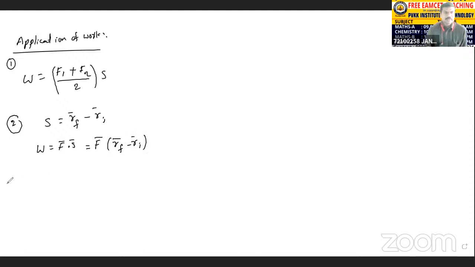Okay. Next, third application. Suppose this is a simple pendulum. This is the mean position of the simple pendulum, and this is the extreme position.